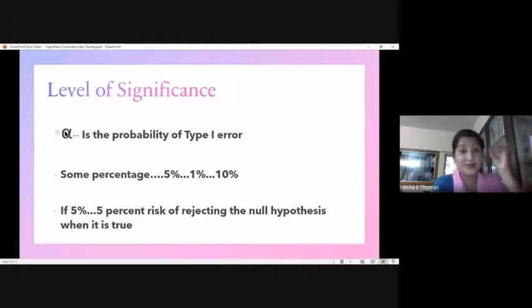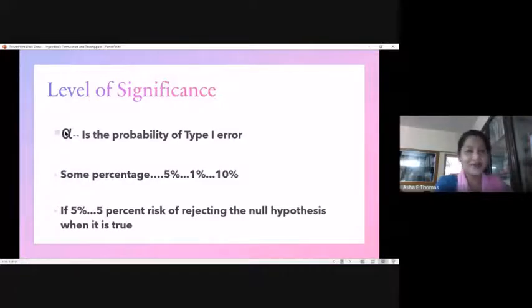That is the risk factor, the probability of rejecting the null hypothesis when it is actually true, otherwise the probability of occurrence of type 1 error. If the researcher is very sure of the conditions, he or she will keep the probability at 1% minimum.